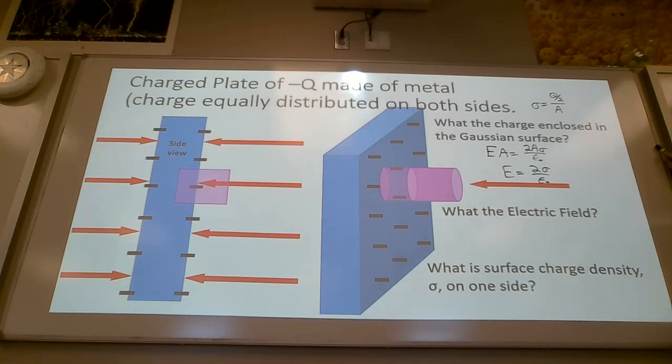I feel like the 2 should be down below. Charge over half the charge.